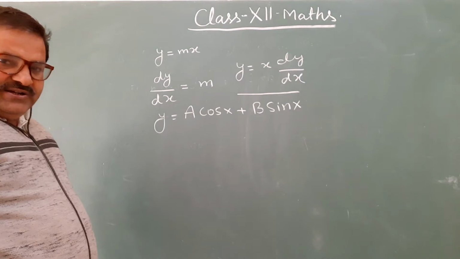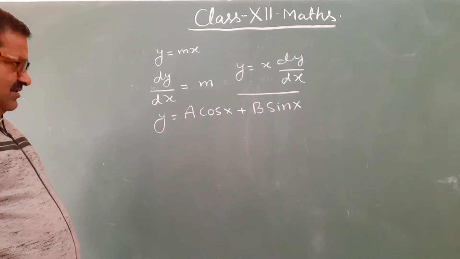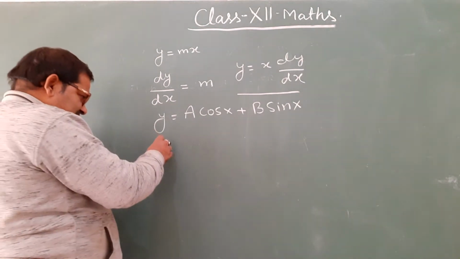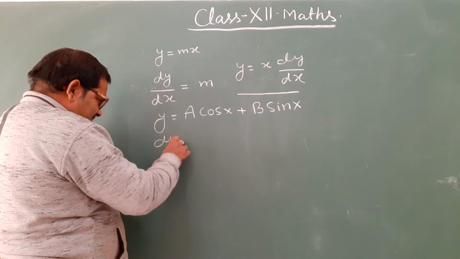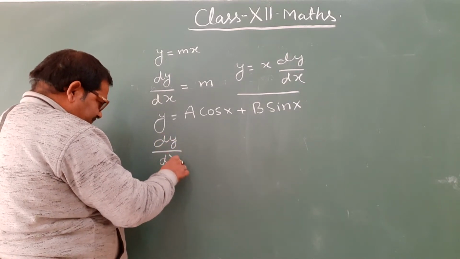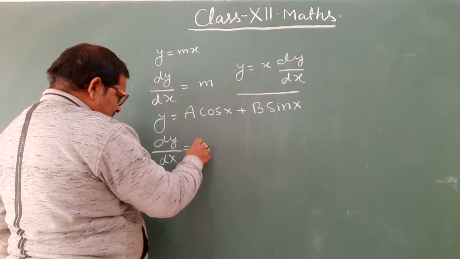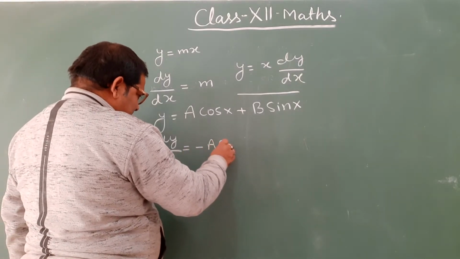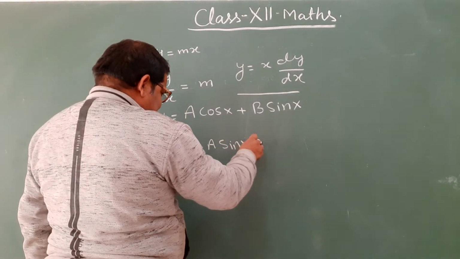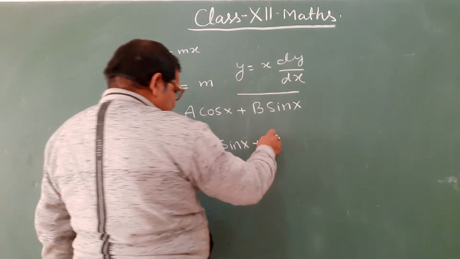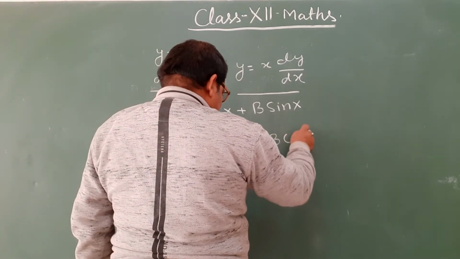Differentiate this equation with respect to x: dy by dx equal to minus a sin x plus b cos x.